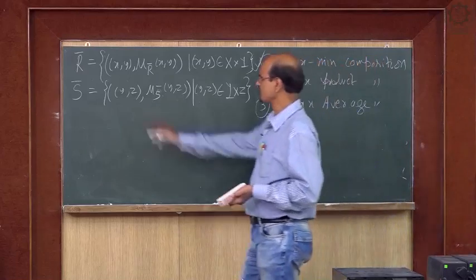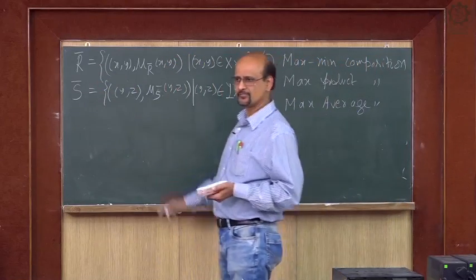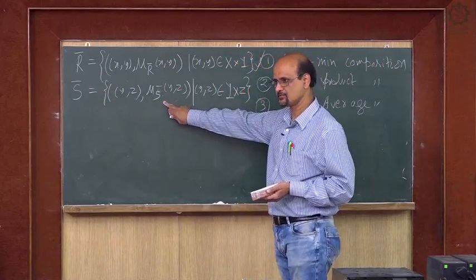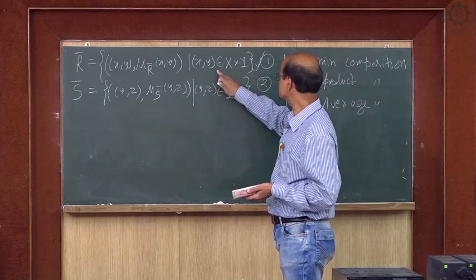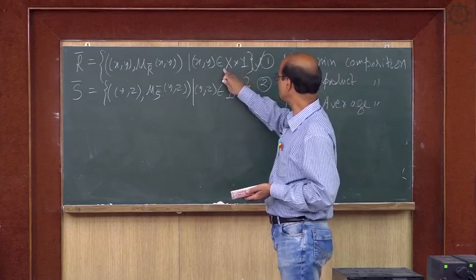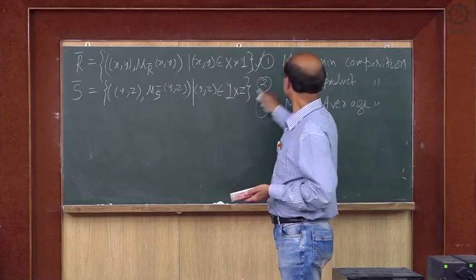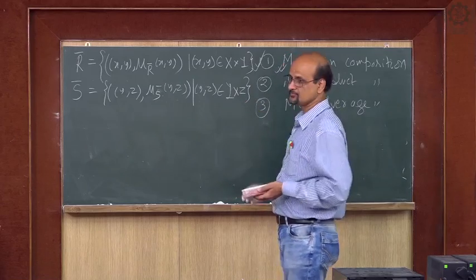That is no deal; I can take R1, R2 also. This is the relation from Y to Z, and R bar is from X to Y. I want to find X to Z using this max min composition.